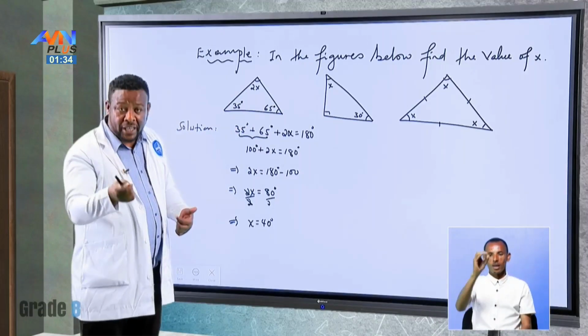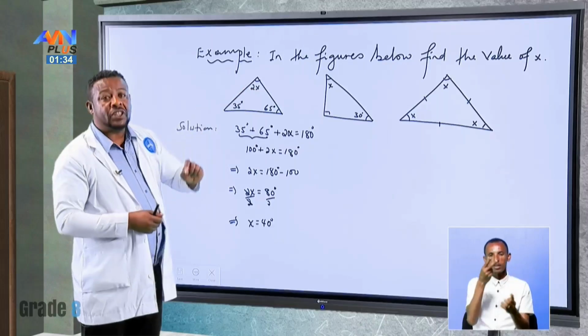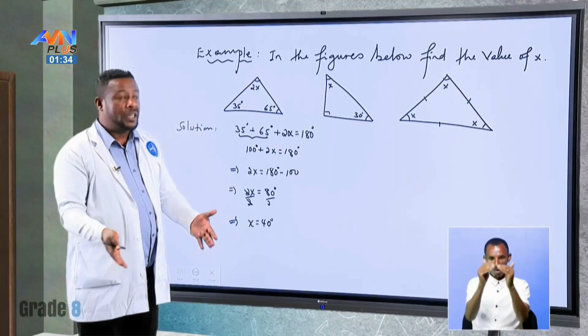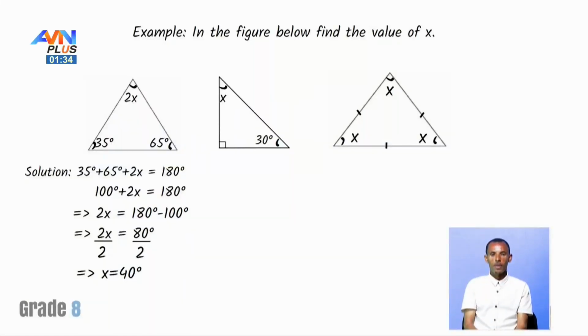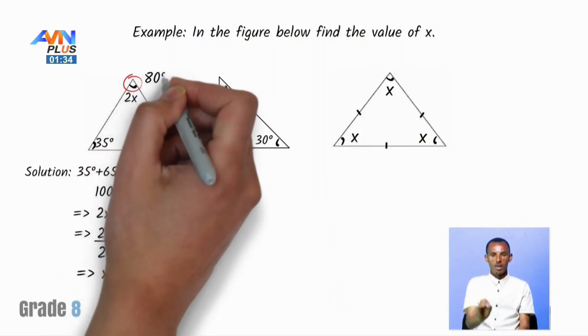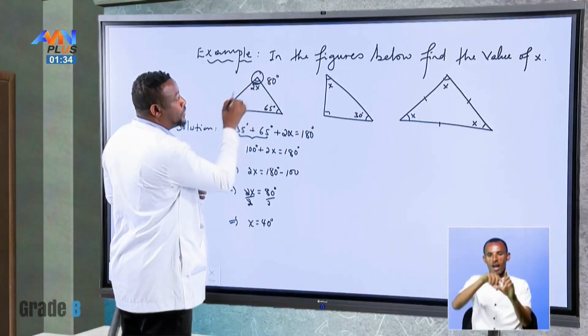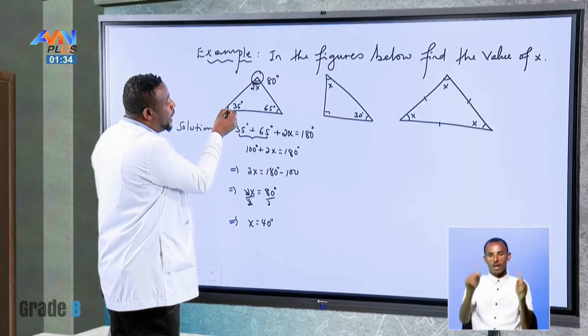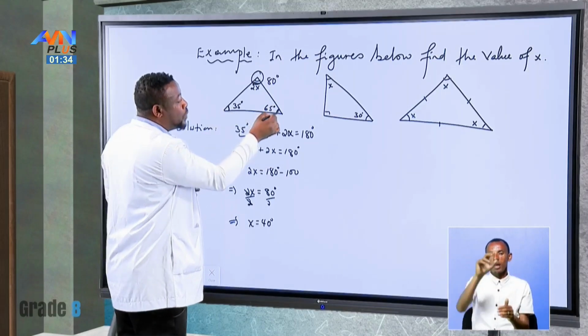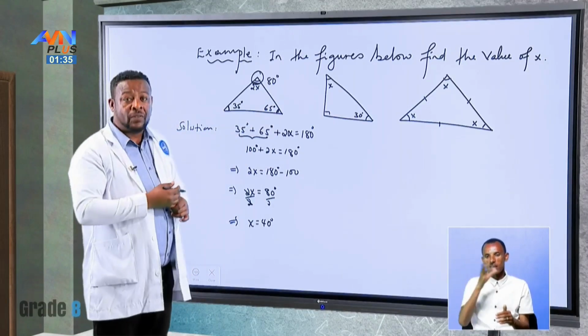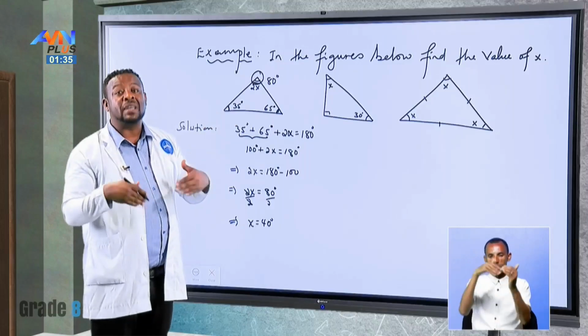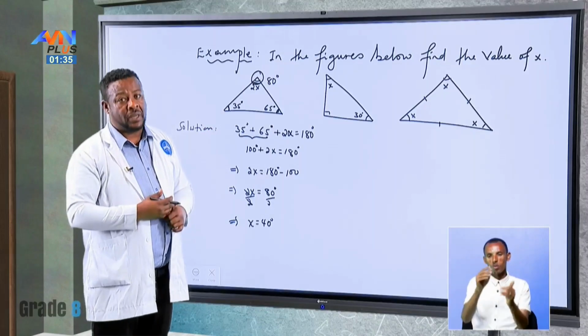You can check that 2 times 40 is 80, right? So this whole angle is 80 degrees. The interior angles of this triangle are 80 degrees, 35, and 65. The sum of all this must give us 180 degrees, right?